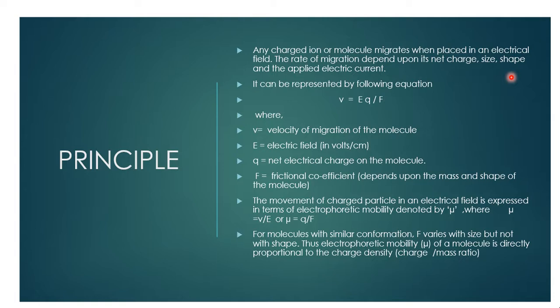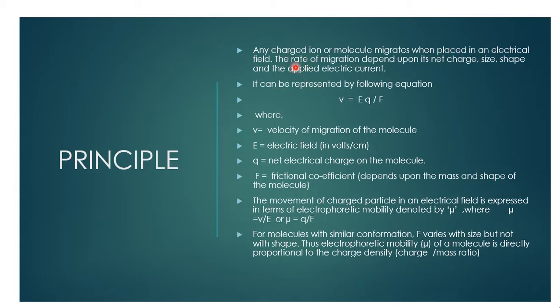What is the size of it? What is the shape of it? Spherical shaped substances will move faster when compared to a rectangle or square shape, so the shape also plays an important role in migration. Then the size: the heavier molecules will stay back and the lighter molecules will move faster. And the applied current: how much current, that is, the volts you are applying, is also a factor in the movement of the molecules.